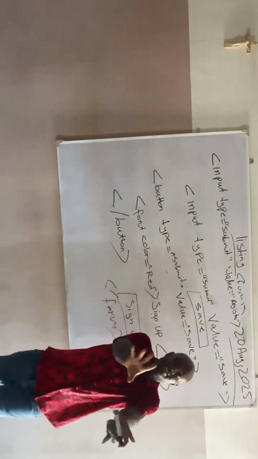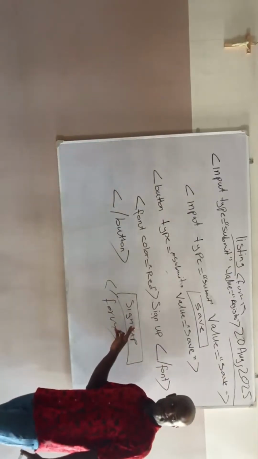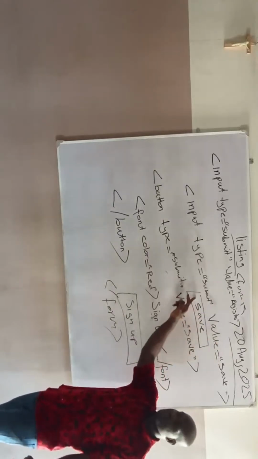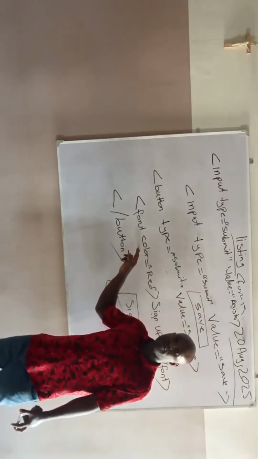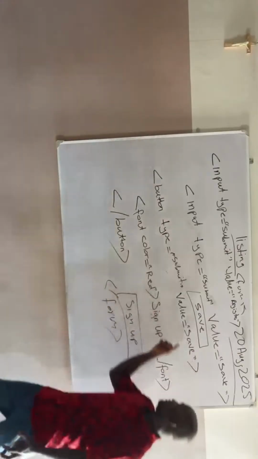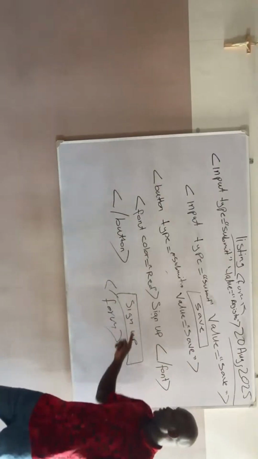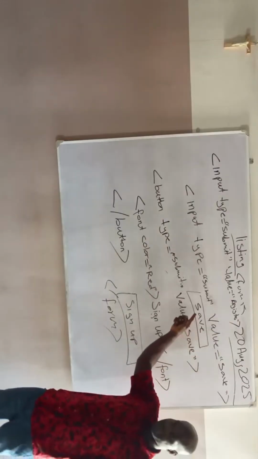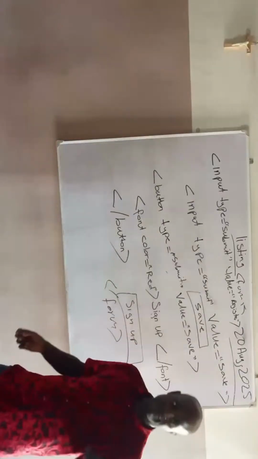You cannot decide what you want to display on the button. You are the one to specify what you want it to display. Here, the value is not going to display. You can try it out. You can add two submit buttons into your form and see.